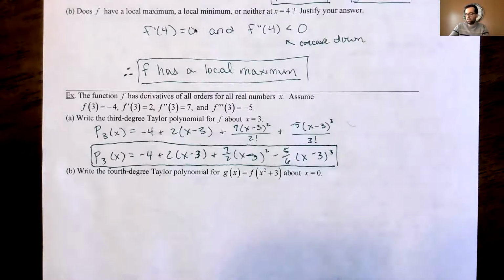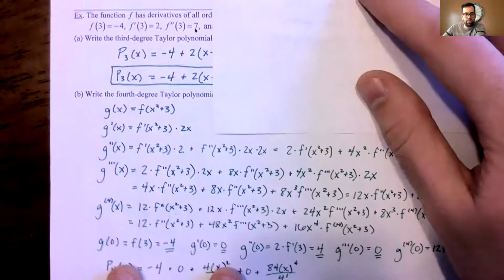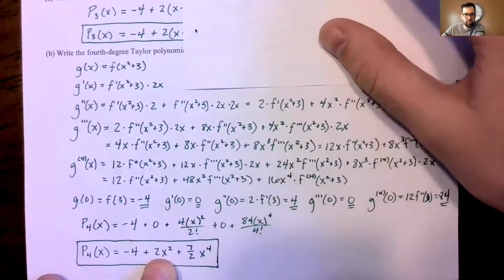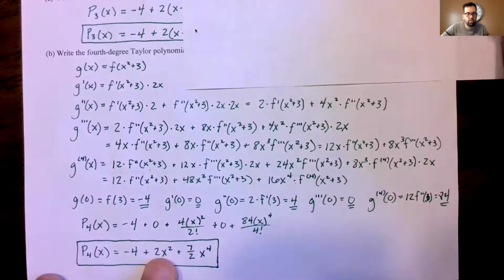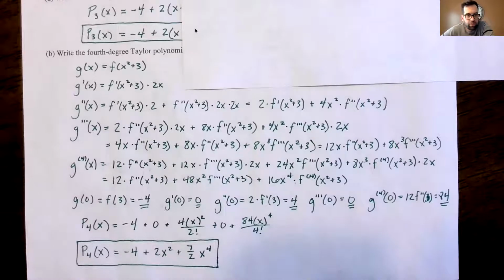So if I kind of just slide over here my key, you will see, as soon as the lag catches up to us, all of this works. So take a look. I started out with g of x equals f of x squared plus 3. I found the first derivative using the chain rule.